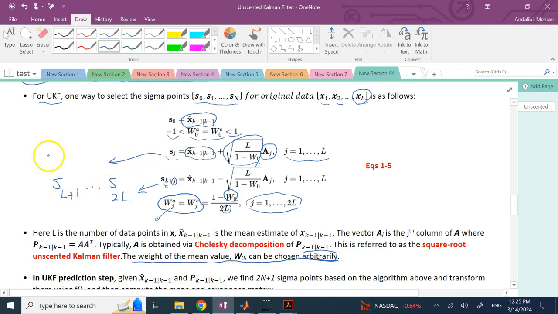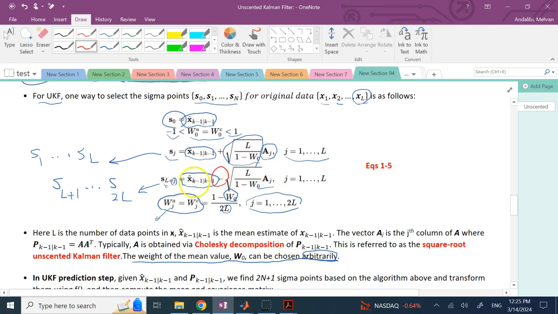This one is from S of 1 all the way to S of L, and this is S of 0. So from L plus 1 to 2L, again, you pick the prior mean plus the same thing, but this time minus. The only difference is this is minus that, square root of L minus W naught times Aj.